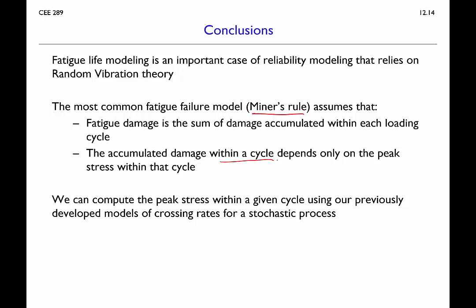And we saw that the peak stresses are going to have a Rayleigh distribution. So each cycle, the peak stress is going to come from this Rayleigh distribution PDF. We can use that to get to the expected value of damage per cycle, which was that stress raised to the power b. Then we can put that all back together and get to an expected number of cycles to failure. So we've got nice closed form solutions there.